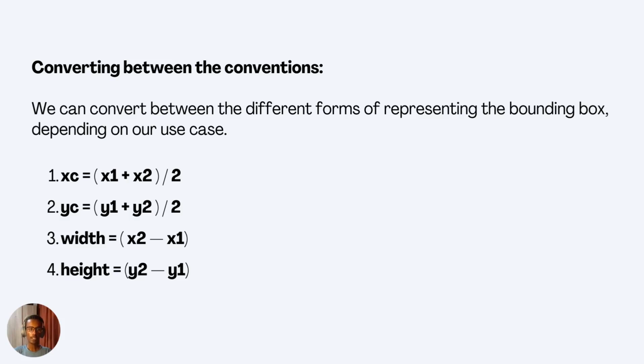Then we divide by 2. That would be the midpoint in the x direction. And in the y direction, we also add y1 and y2 and then divide that by 2. And in order to find the width, we find the difference between the x-coordinates. And in order to find the height, we just find the difference between the y-coordinates.